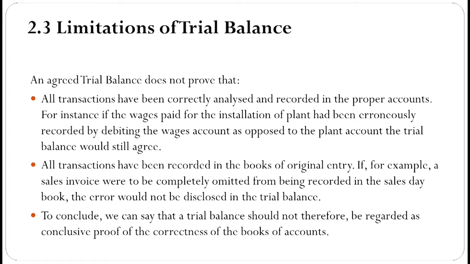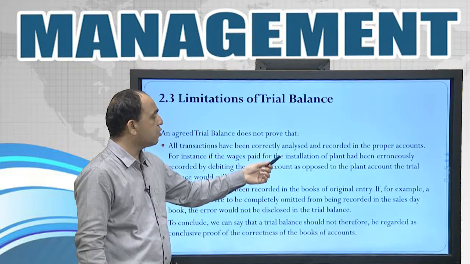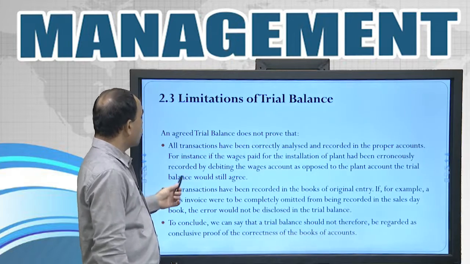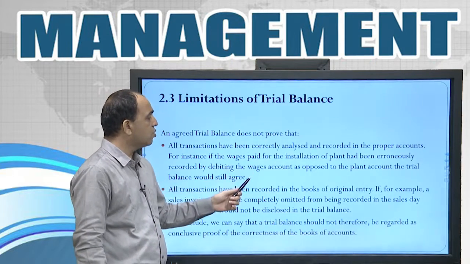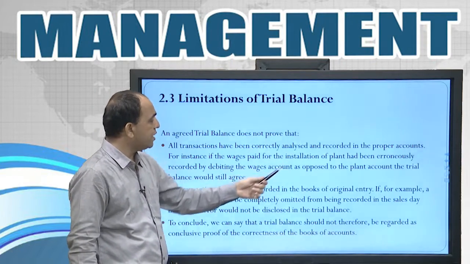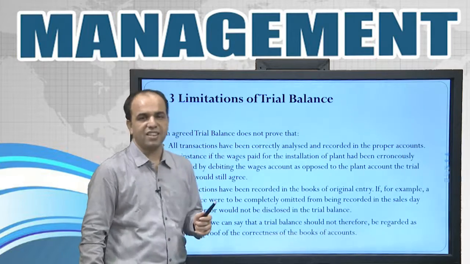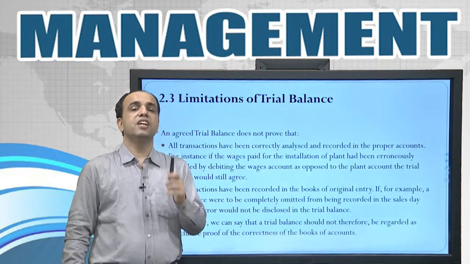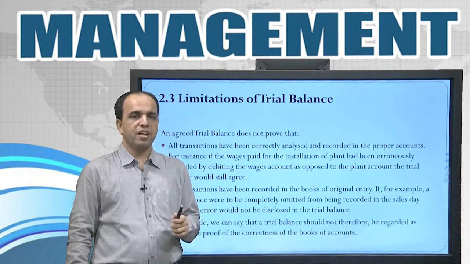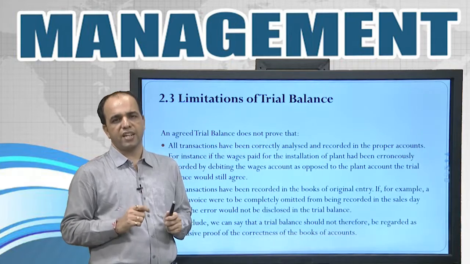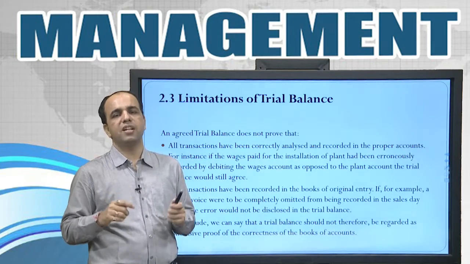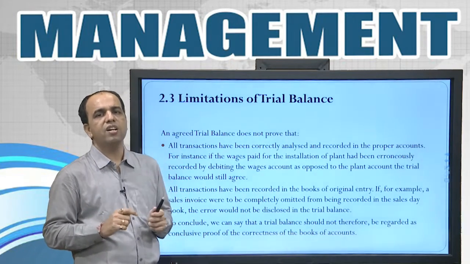For instance, if the wages paid for the installation of plant had been recorded by debiting the wages account as opposed to the plant account, the trial balance would still agree. So, friends, in case of errors of principle and compensating errors, generally the trial balance agrees, but still we have an error.